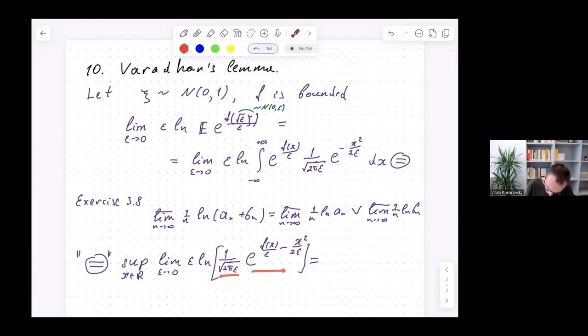And then using the property that the logarithm of a product is the sum of logarithms, you will have epsilon logarithm of something that behaves polynomially, like 1 over a polynomial. The logarithm of that term goes to infinity slower than epsilon goes to 0, therefore epsilon multiplied by that logarithm in the limit is equal to 0.